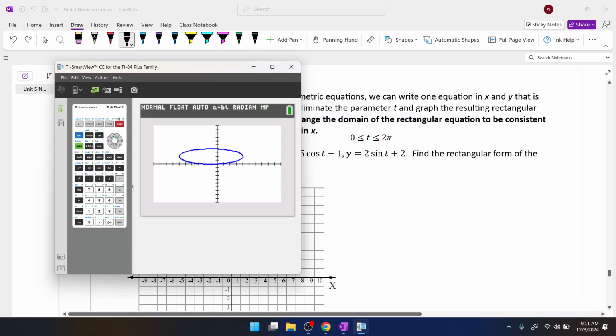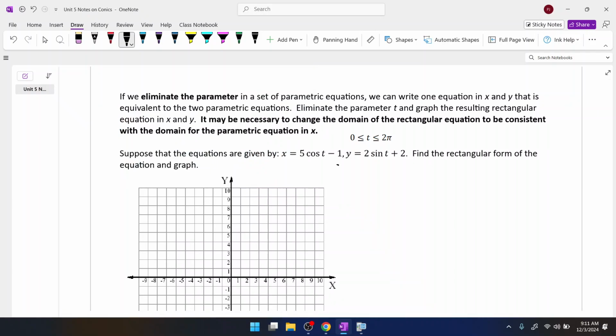But one thing we're going to be able to do here is eliminate the parameter very easily. You can solve x equal to 5 cosine of t minus 1 for cosine of t, and you'll do the same thing for y, except you'll solve that for sine.